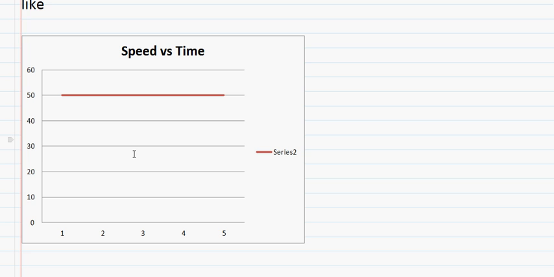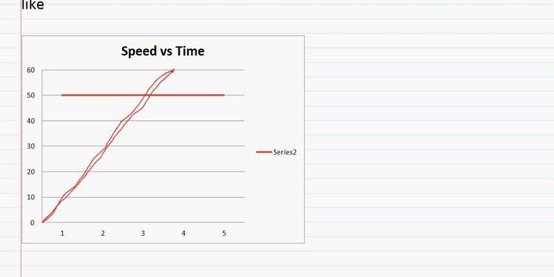Now let's say speed increases with time, and that too linearly, so a graph something like this would be there. If there is a linear increase in speed, the graph would be something like this. It means the speed is increasing.